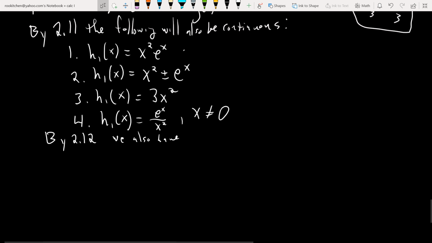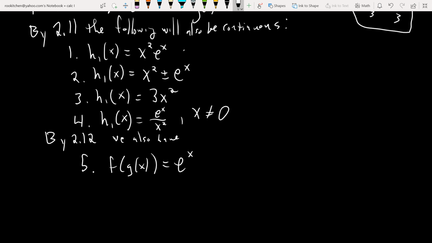So long as the outer function is continuous at every output of the inner function, and the inner function would also have to be, well, we'll investigate that a little bit in the next problem. Okay, so, but for this case, f of g of x, which is equal to e to the x squared, that is continuous.